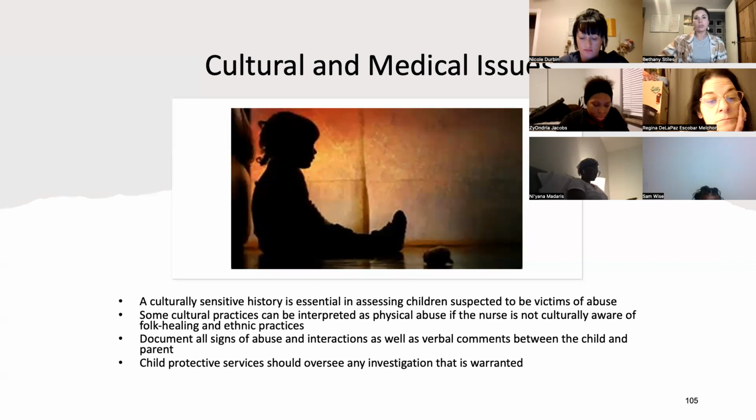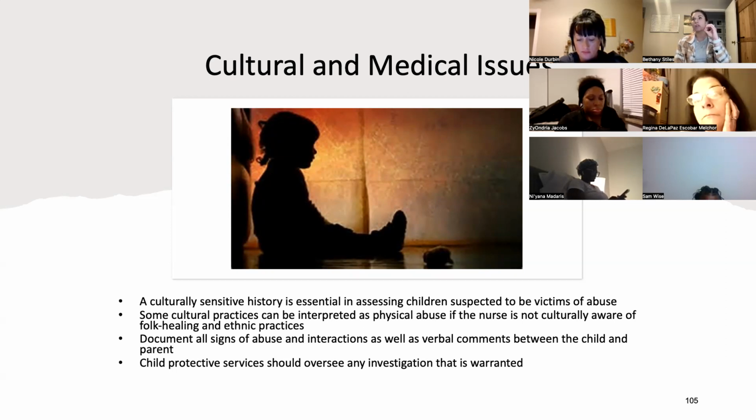We also need to be sure that when we're assessing for abuse, we're taking into consideration alternative therapies. If you remember one of the very first talks that we had, we talked about alternative medicine practices and cupping specifically. In cupping, you get those perfect circular marks that look like bruises, but it's not a bruise.